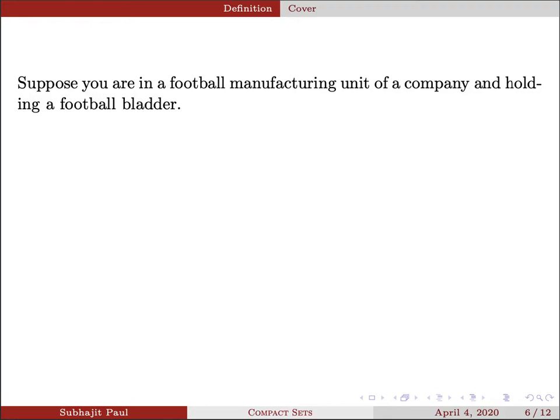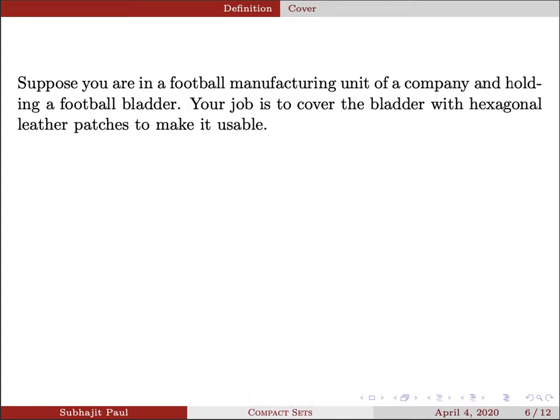Suppose you are in a football manufacturing unit of a company, say Adidas, Nike or whatever, and holding a football bladder, the rubber ball inside the football that you play with. Your job is to cover that bladder with hexagonal leather patches to make it playable.